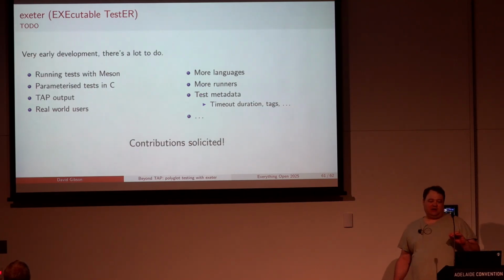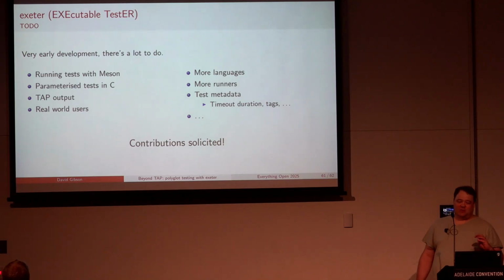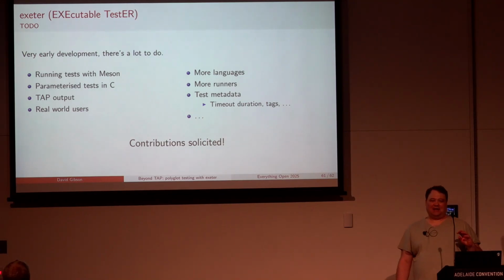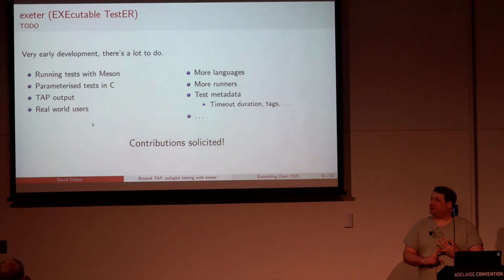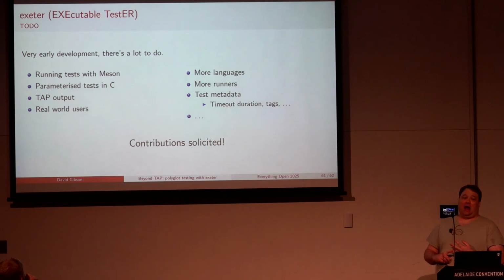This is in really early development, basically. I hoped when I wrote the abstract that I would have more done by this stage. Of course, that didn't happen. There's a lot to do on this. I'd like it to be nice to run tests with Meson. I'd like to be able to do parameterized tests in C. I'd like to be able to take the output from one of these things and turn it into TAP for all those runners that do handle TAP already.